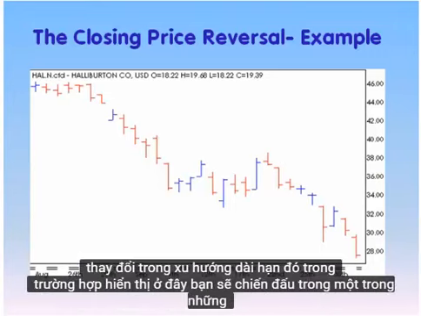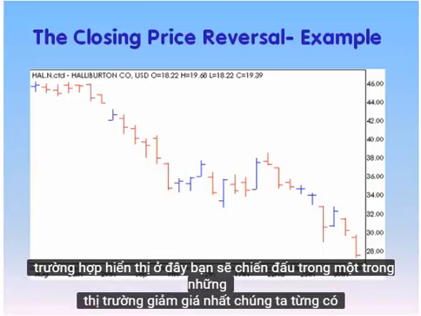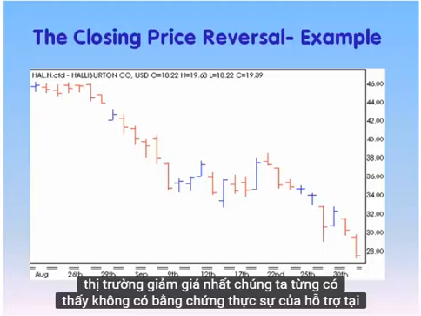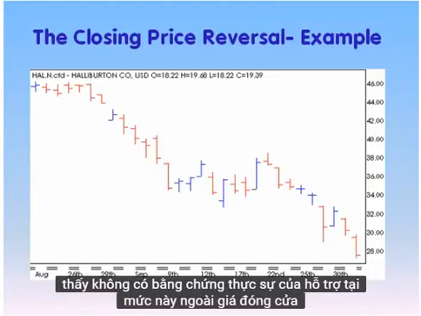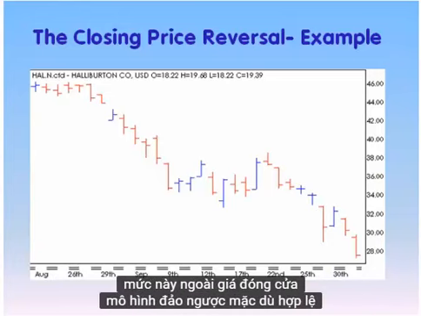In the case shown here, you're fighting one of the most bearish markets we've ever seen, with no real evidence of support at this level apart from the closing price reversal pattern.